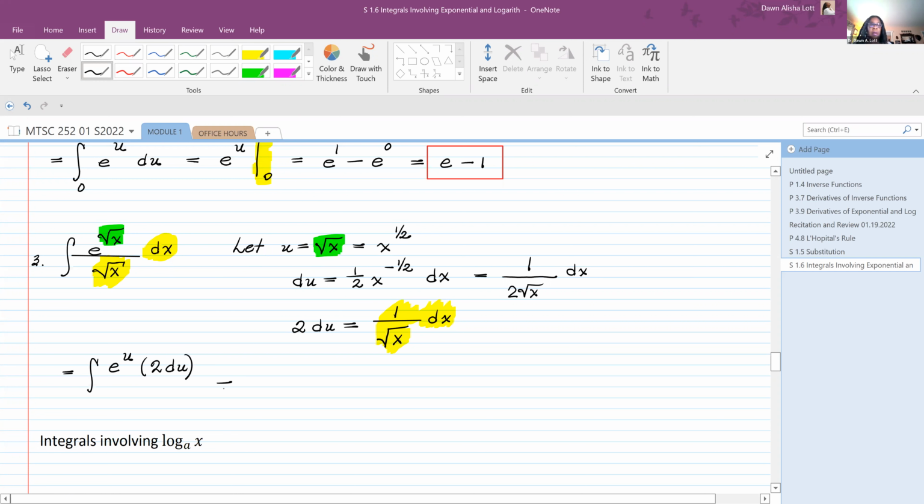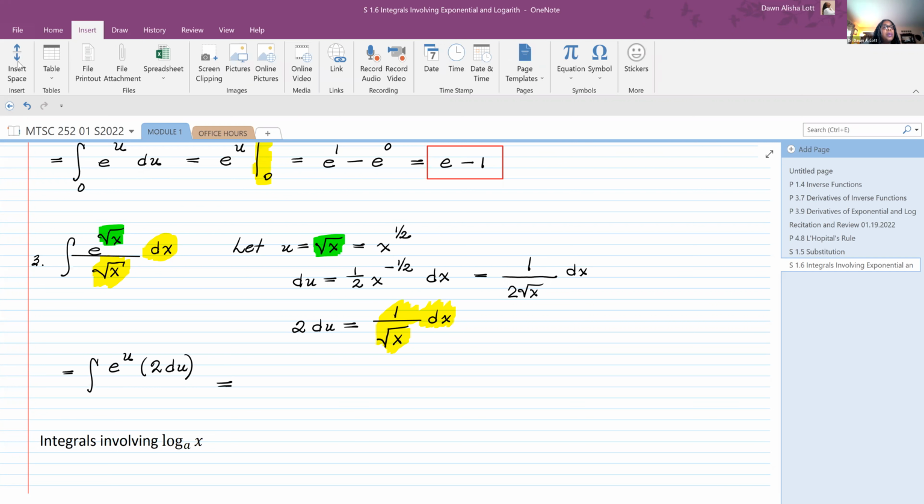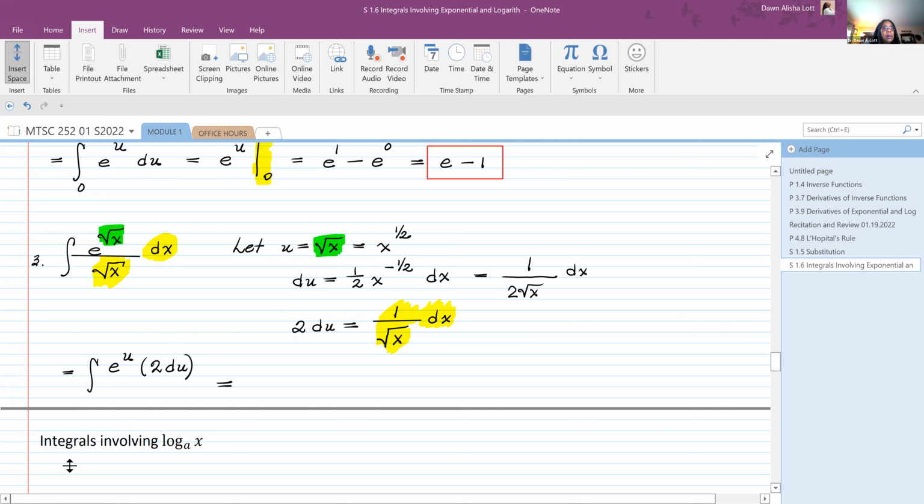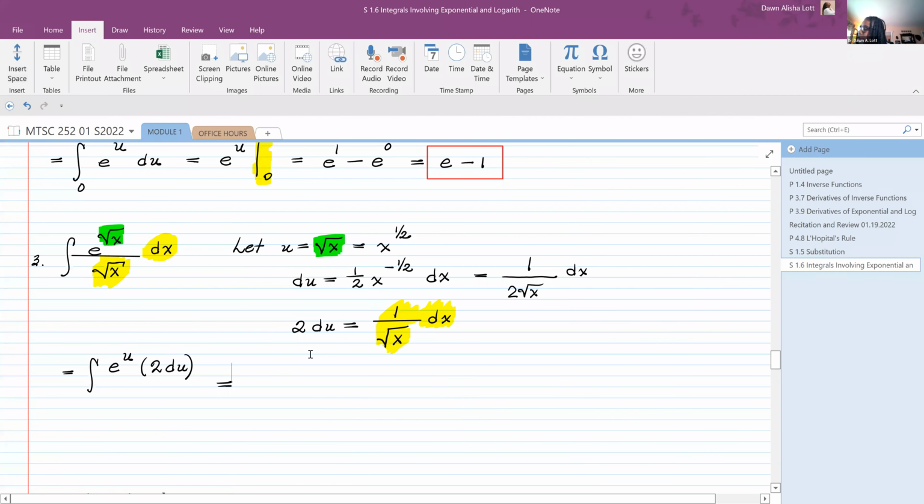So my answer becomes 2 times the integral of e to the u du. But that's just 2 e to the u plus a constant. And now I got to put u back. So this is 2 times e to the square root of x plus a constant.